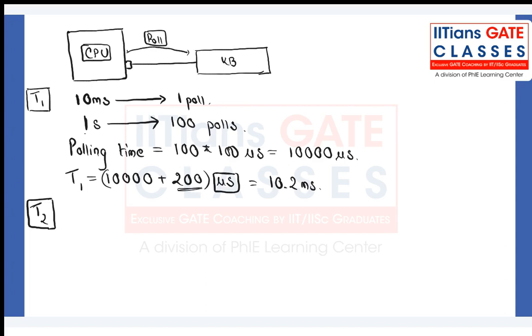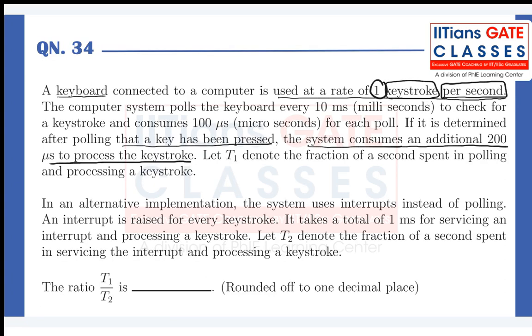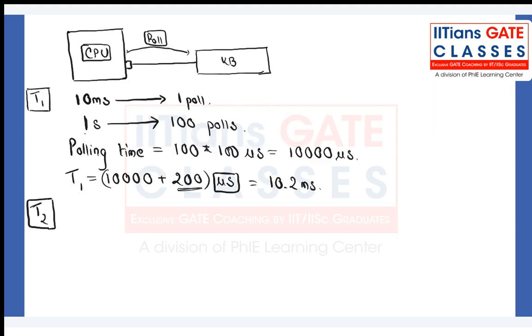So the question says the system uses interrupts instead of polling. Whenever you press a key, an interrupt is raised. It takes a total of 1 millisecond for servicing an interrupt and processing a keystroke. Let T2 denote the time. So T2 is nothing but 1 millisecond. See the difference, right?